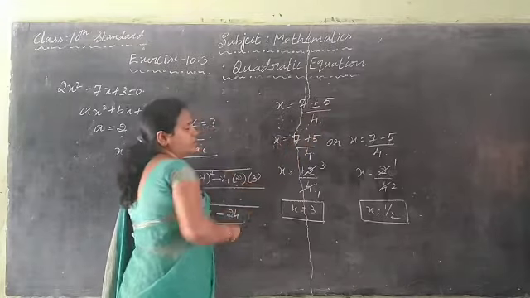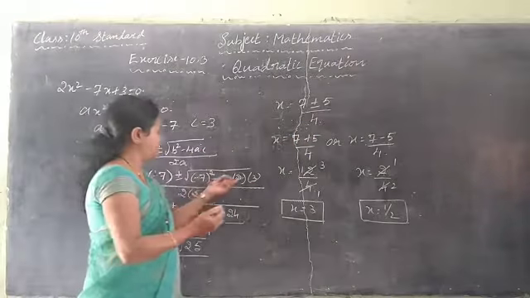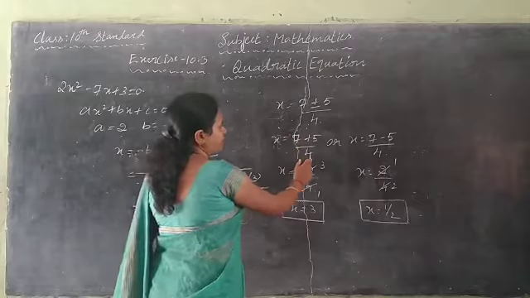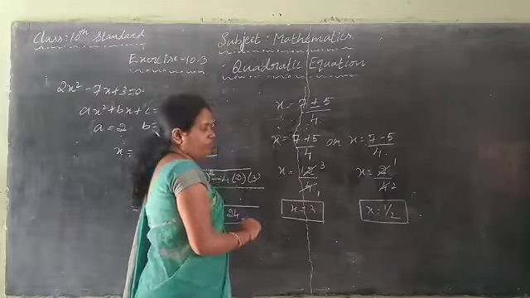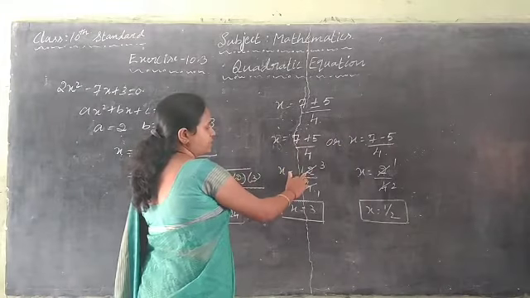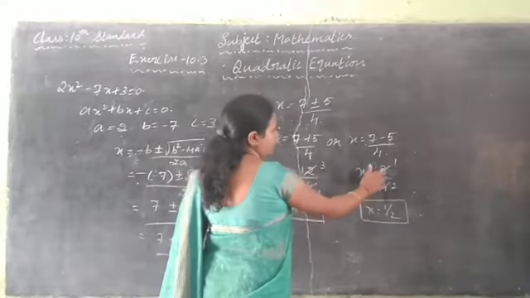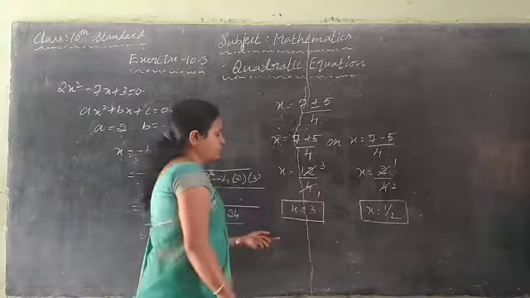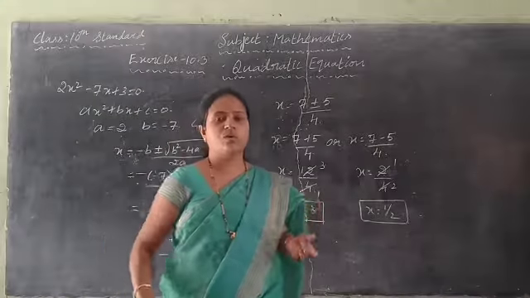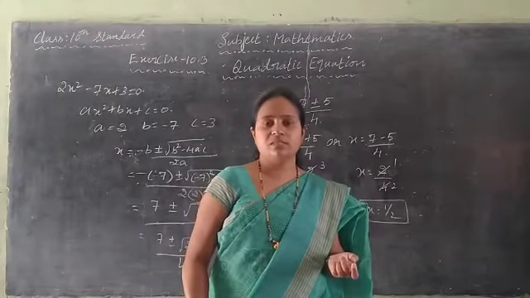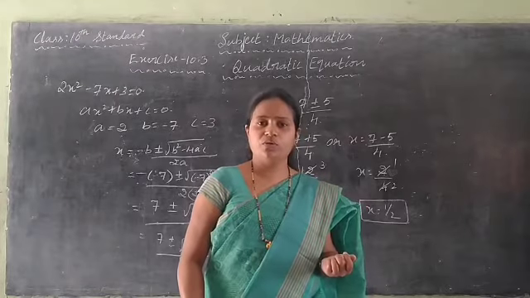In the next step, we split the plus and the minus: that is 7 plus 5 by 4 and 7 minus 5 by 4. 7 plus 5 is 12 divided by 4, 4 threes are 12; here 2 ones are 2, 2 twos are 4. So x is equal to 3 and x is equal to 1 by 2 are the two roots we got. Did you understand?